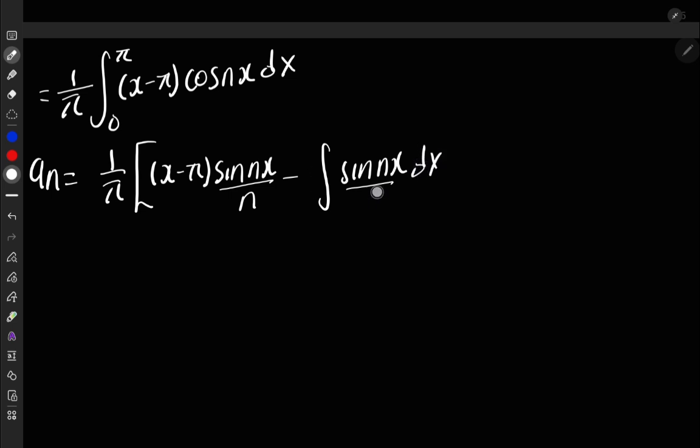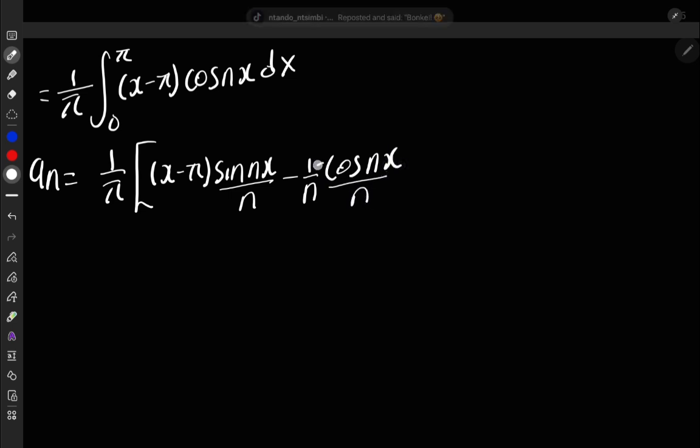Now what you can do is take the 1 over n outside and integrate this part, which gives you negative cos nx over n, and this negative gives you a positive as well.